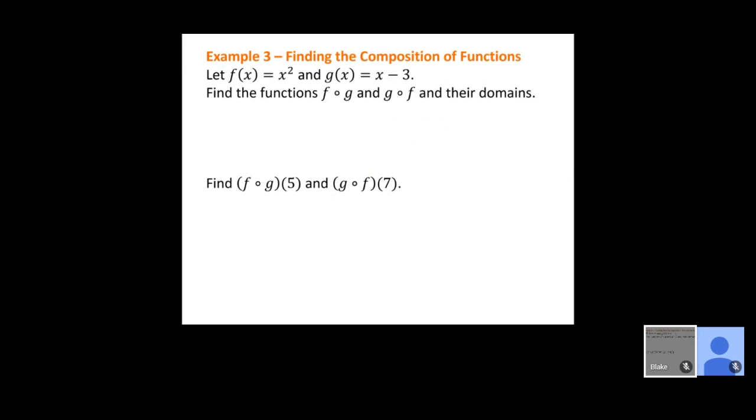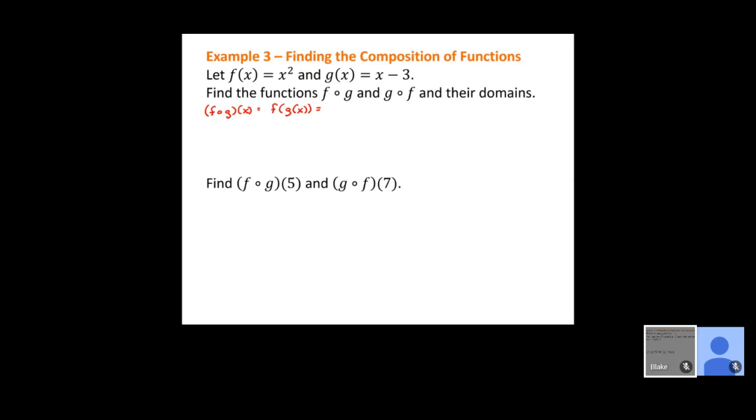All right, so let's take a look at these. We want to find f of g and g of f. Okay, and then we'll talk about the domains of each. So f of g, remember that means f of g of x. So what I'm going to do first here is look at that inside function, and I'm going to substitute the function in there.